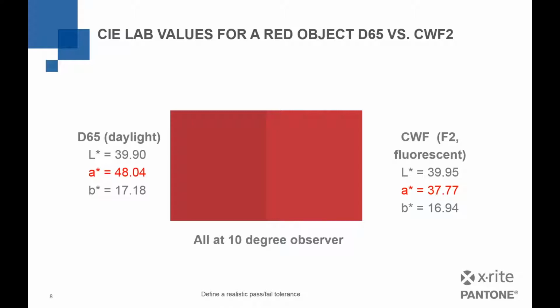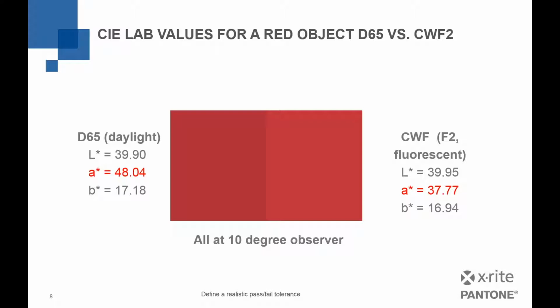Under the cool white fluorescent, the L star value is almost exactly the same. The B star value, the yellow-blue, again is very similar, but we have a significant change in the A star. We've gone from 48.03 to 37.77. So this bottle will appear 10 units less red under the fluorescent light.